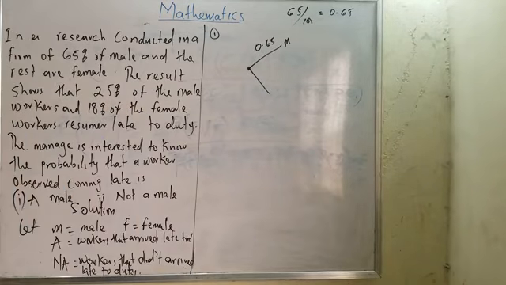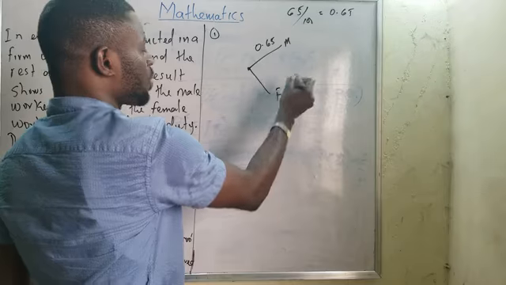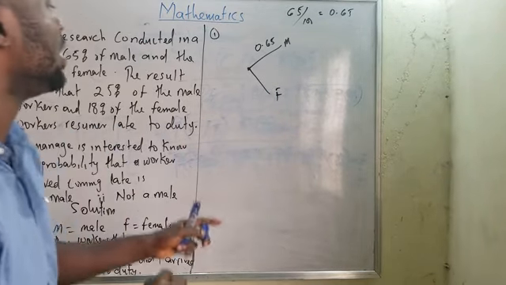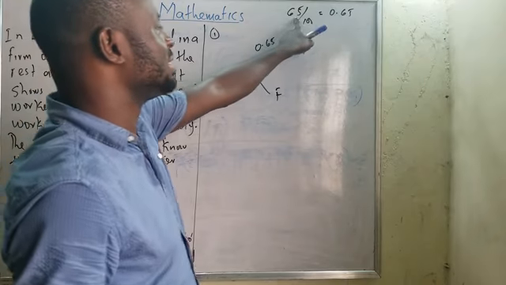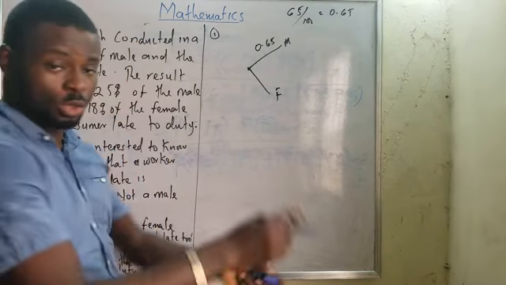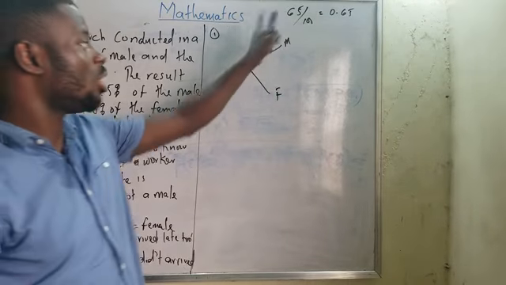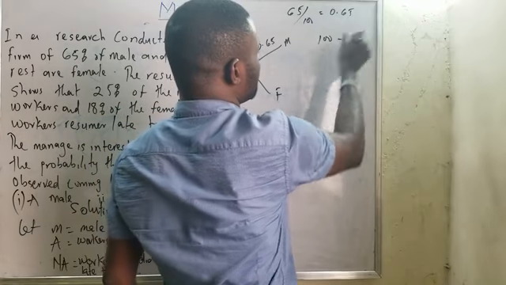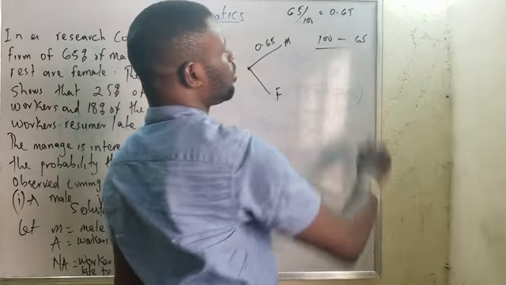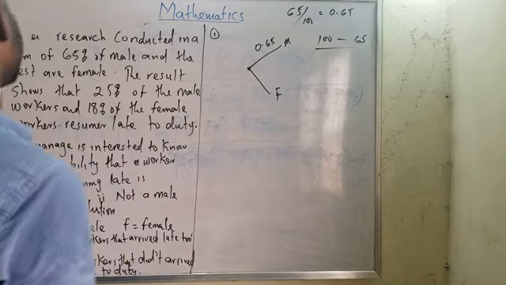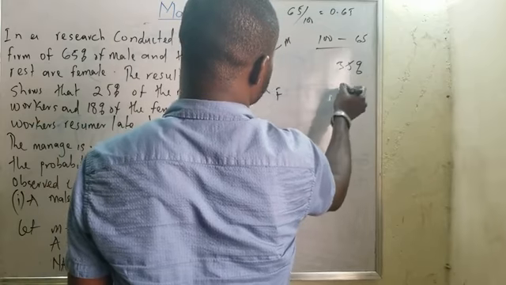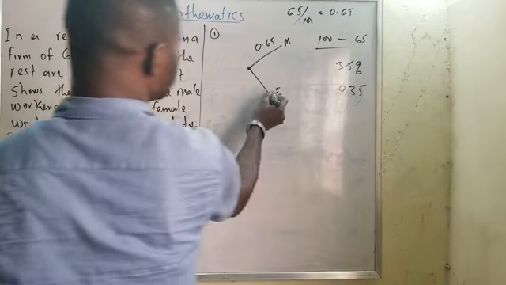Now, the second one will be female, because we are talking about two genders, male and female. It means I will take the remaining. The whole is 100, so 100 minus 65 will be 35, which is 35%, or 0.35.